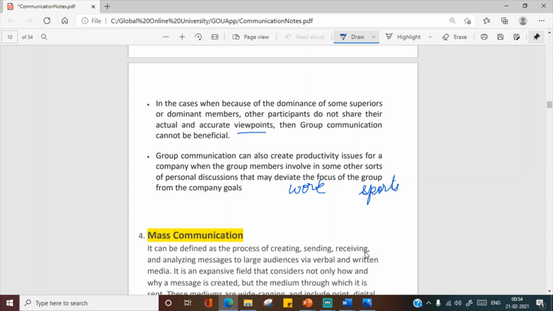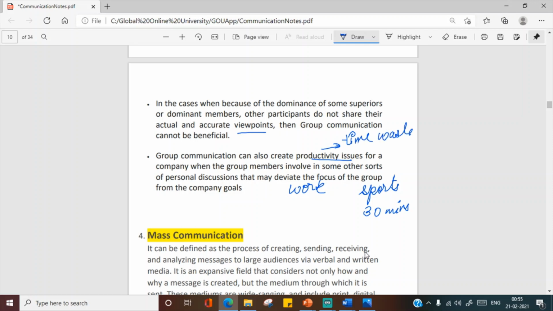Instead of working, they spend like 30 minutes talking about sports only. This is a waste of time for an organization.